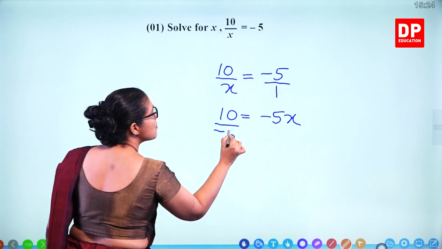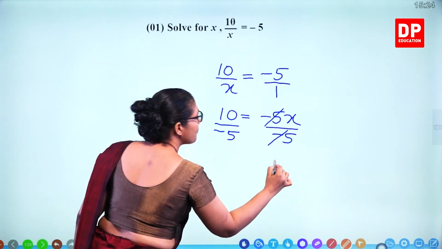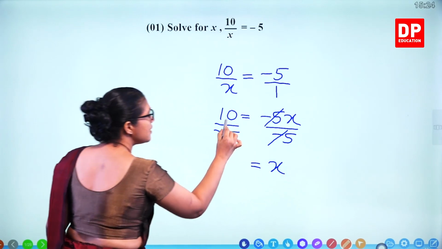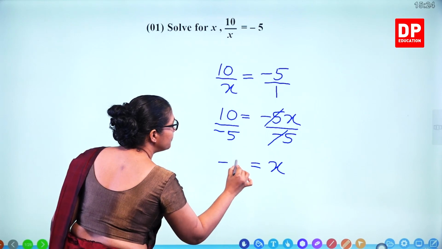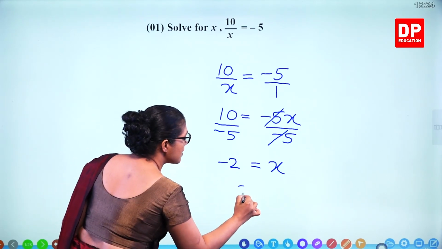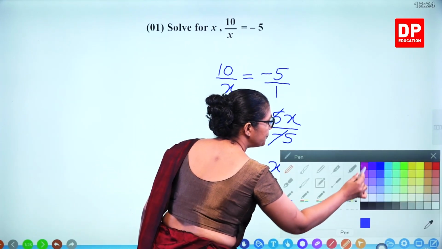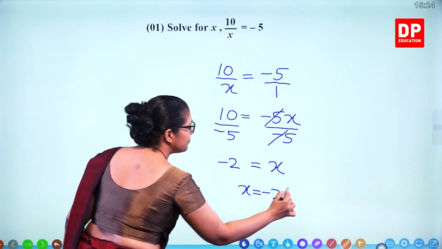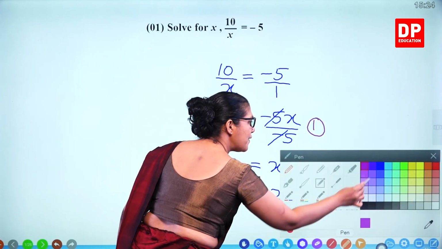Divide both sides by minus 5 to get x. x becomes 10 divided by 5 is 2. This is minus 2. So x is equal to minus 2. So 2 marks: 1 mark for the answer and 1 mark for the method.